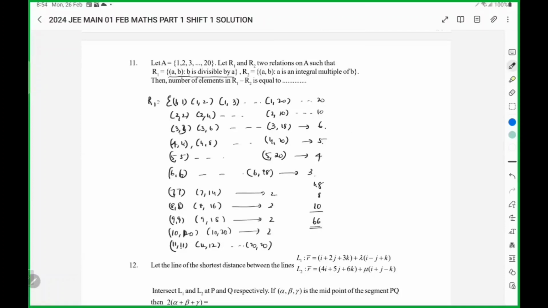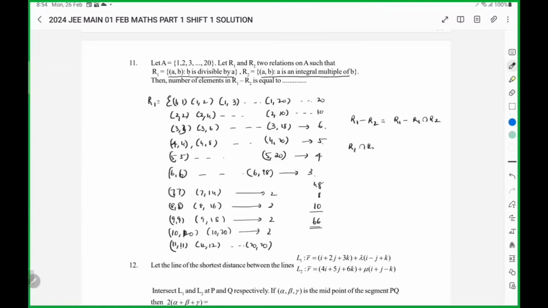And R2 here is A is an integral multiple of B. R1 minus R2 will be R1 minus R1 intersection R2.